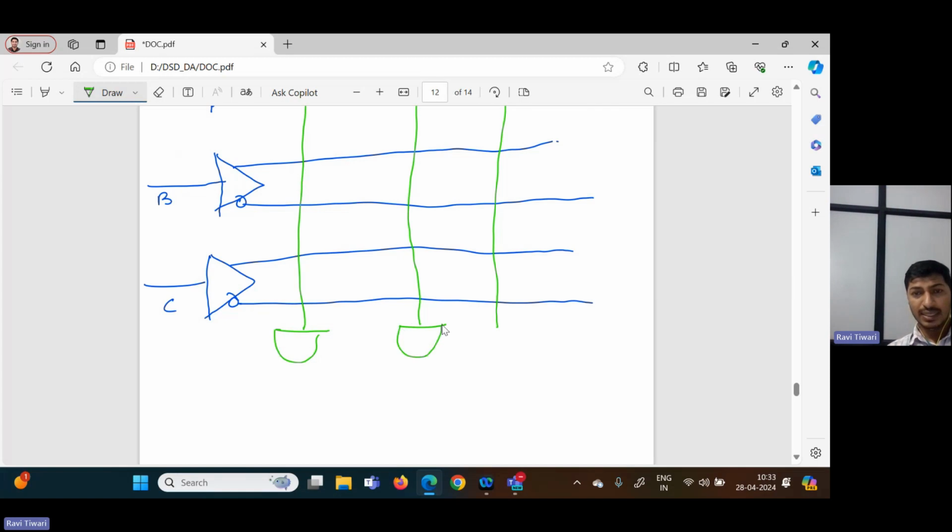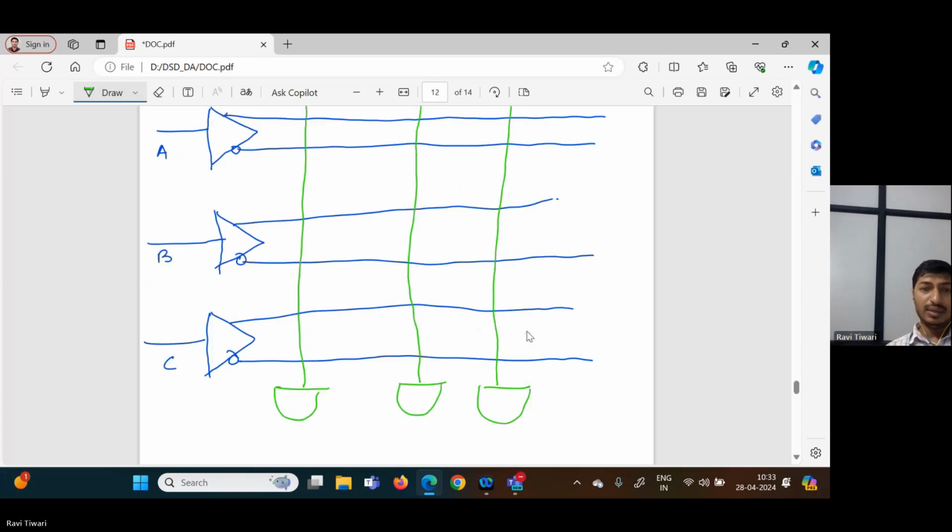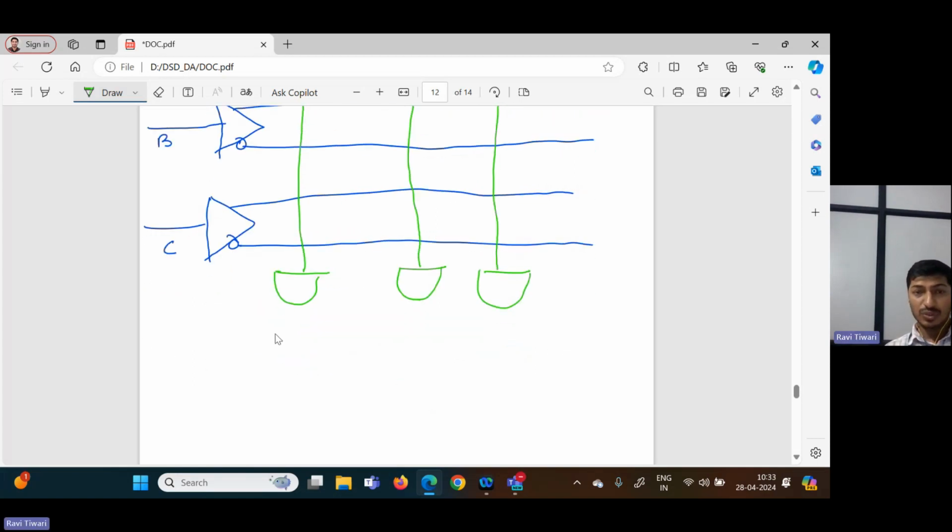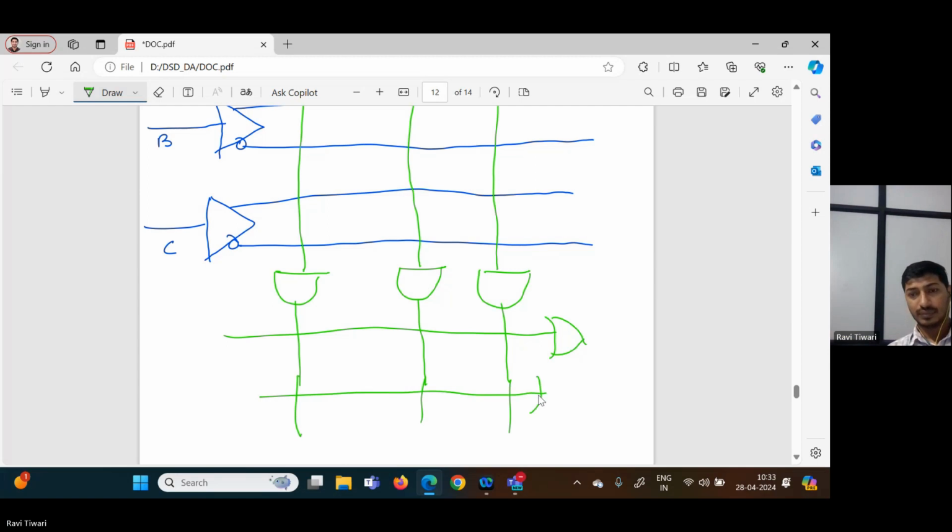This is the second AND gate, and this is the third AND gate. And as we are having 2 OR gates, that we also have to draw. 2 OR gates will be drawn like this. One OR gate here, another OR gate here. First one is for Y1, another one is for Y2.